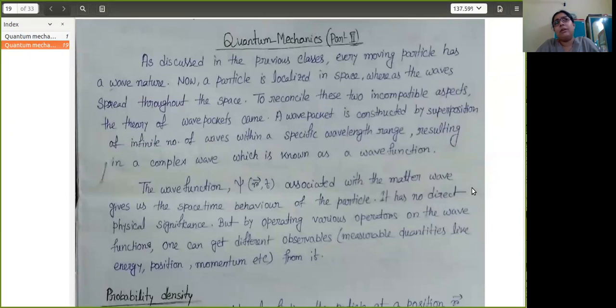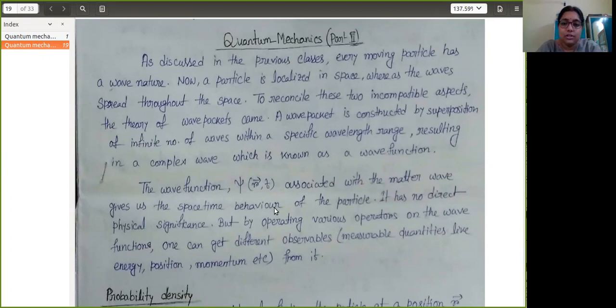These waves will be very complex waves because they are formed by superposition of a large number of waves having different frequencies within a certain frequency range. This complex wave is known as the wave function and it is denoted by psi.